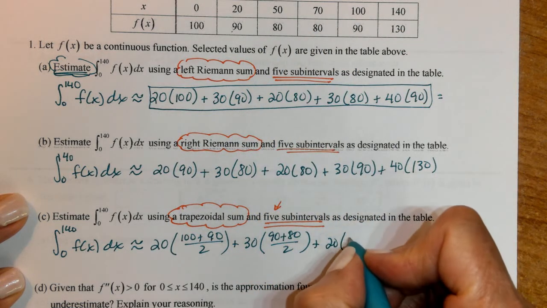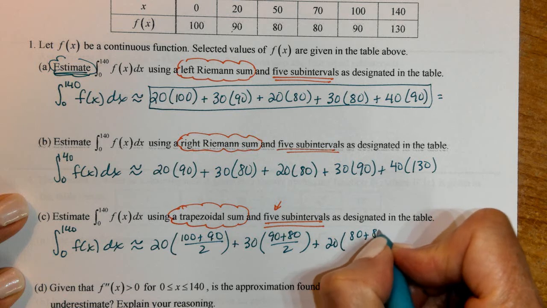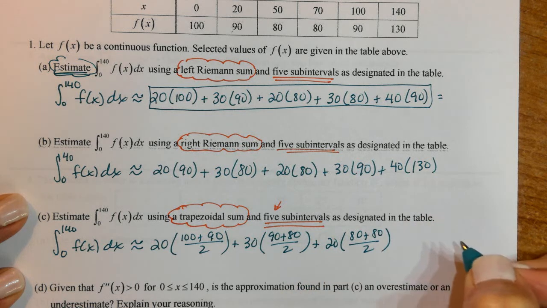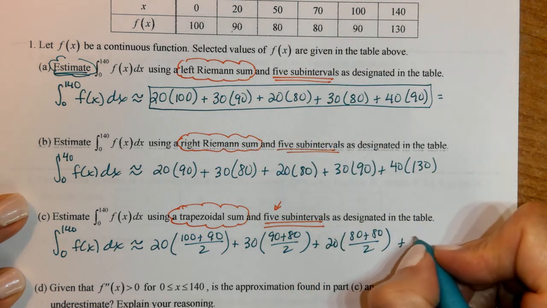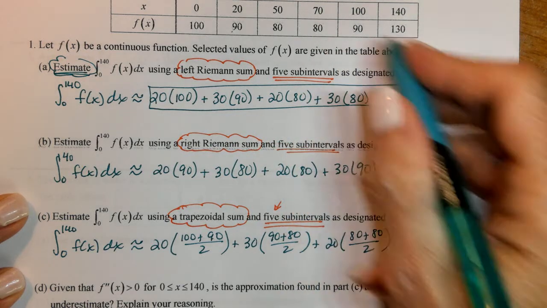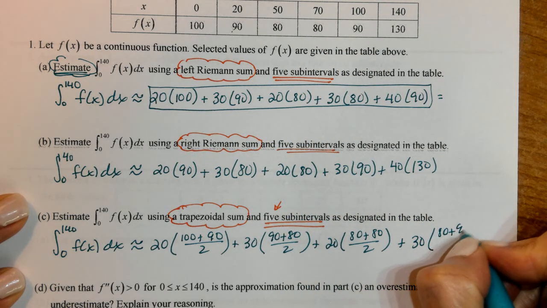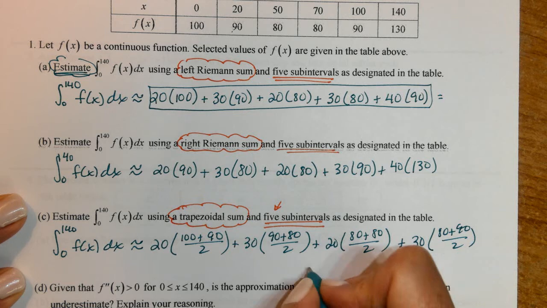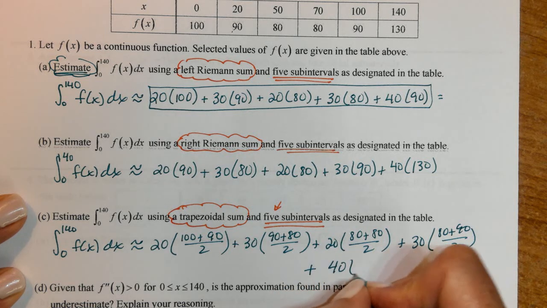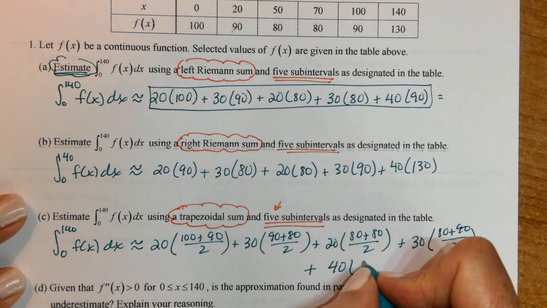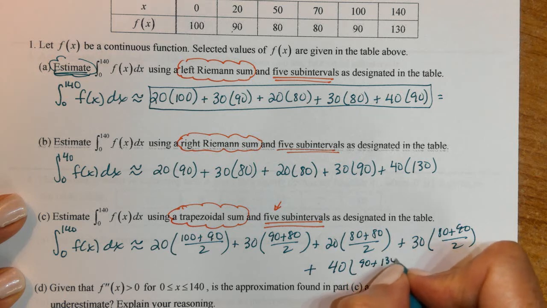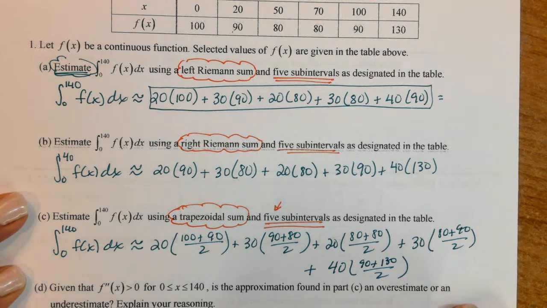The average of your 2 heights. Next base length is 30. Average of your 2 heights again. And then the last one will be 40 times the average of those 2 heights. And that's it.